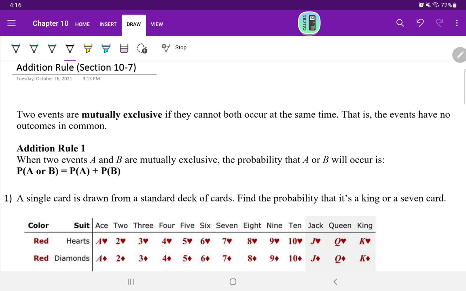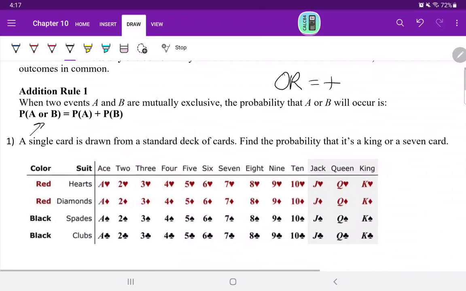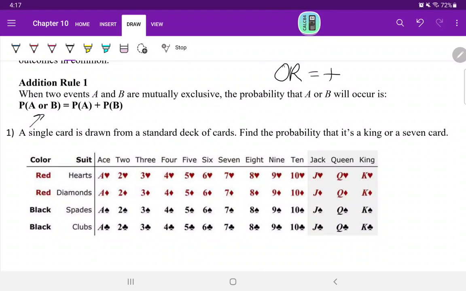The probability of A or B equals the probability of A plus the probability of B. Remember, the word or indicates addition. So because I have the word or right here, I know I am adding those probabilities for both of the events.